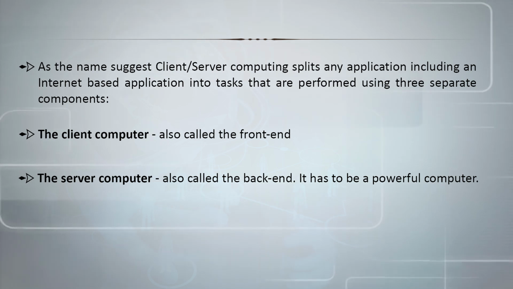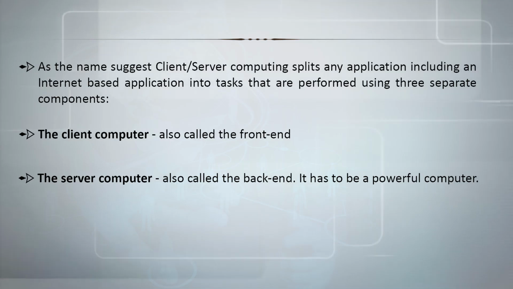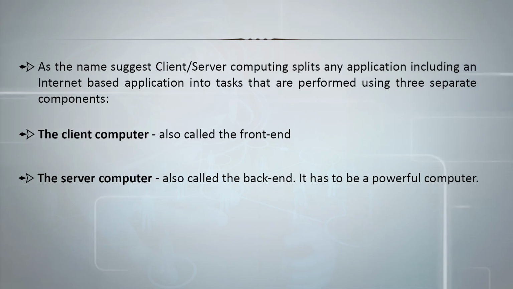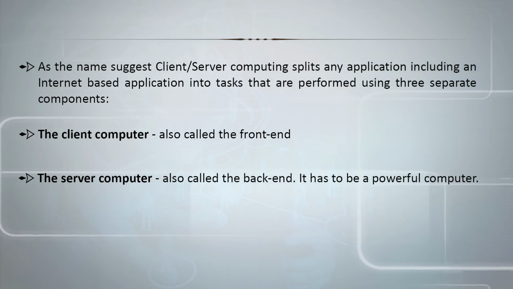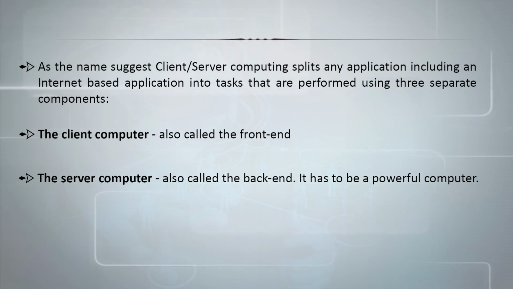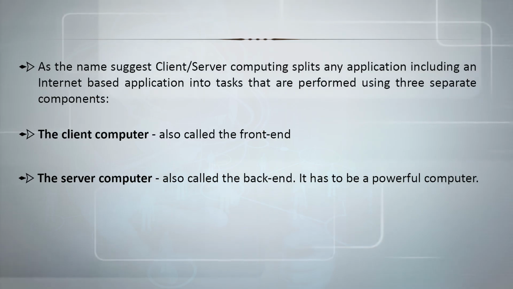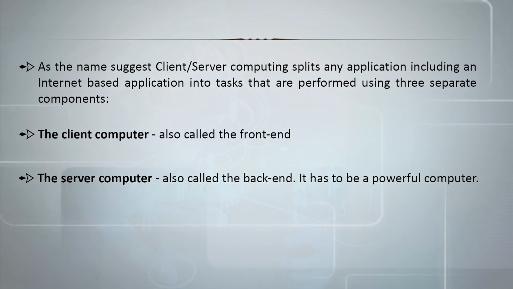So that is the back end. You do not know where that back end is and how it looks, but the entire information is loaded onto the front end on the request of the front end. It has to be a very powerful computer because many people will be requesting information from the back end.